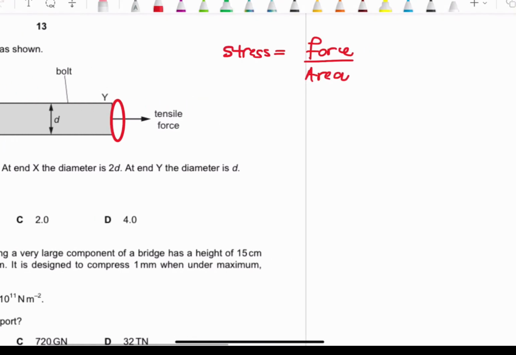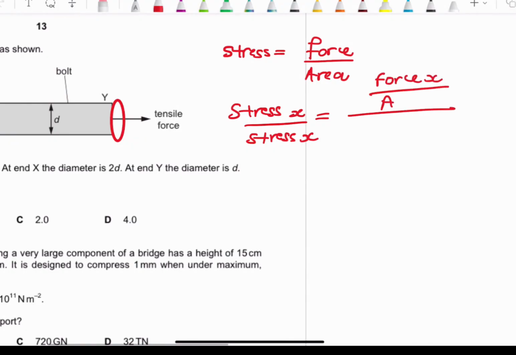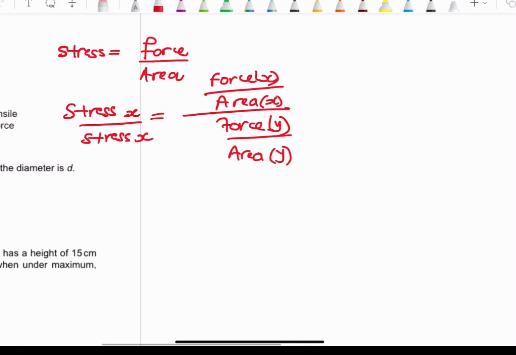So stress at X over stress at Y, you're just going to need the force at X divided by the area at X, over the force at Y divided by the area at Y. And we know the area will be pi d squared divided by 4.